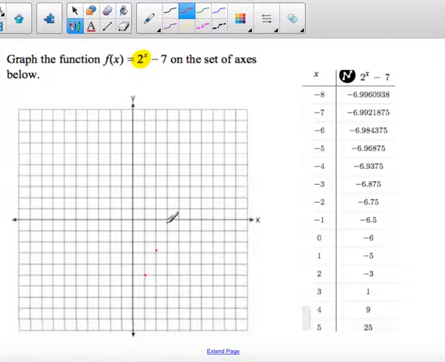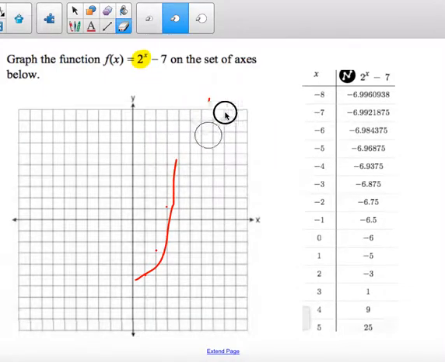When x is 3, 1. When x is 4, 9. And we'd only have this portion of the graph before we went all the way off. So it would look something like, pardon my handwriting, that, and we'd be wasting this whole portion of the graph. So instead, we're going to scale this a little bit differently.